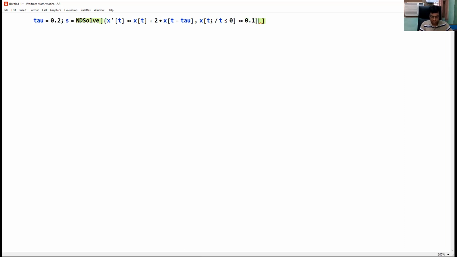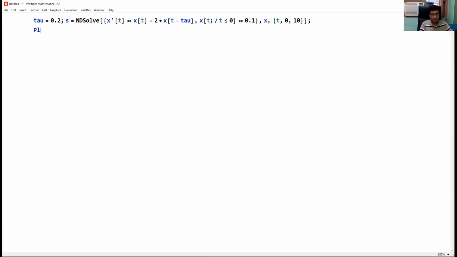Then we are solving for x and t between 0 and 10. We may take 100, but since it is unbounded, it will blow up, so we take a small value, say 10.